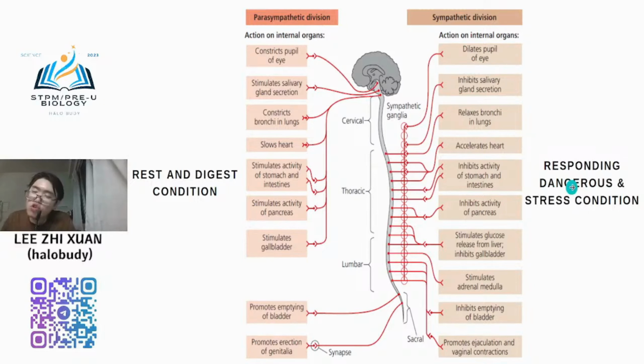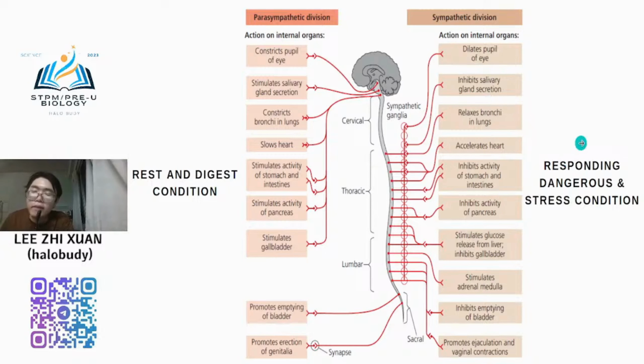When you are very stressed, when you are in a dangerous condition, then sympathetic will take place. So these are all the responses of the organs that we find in the human. Normally in sympathetic, you need to dilate your eye and then inhibit your salivary gland.